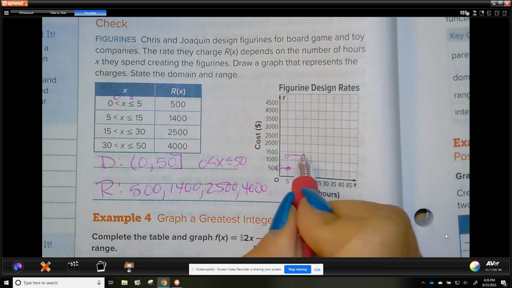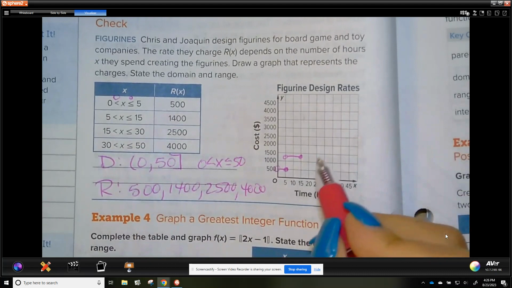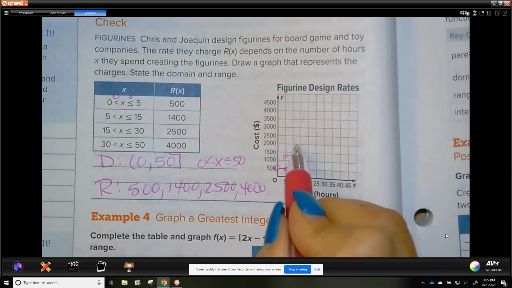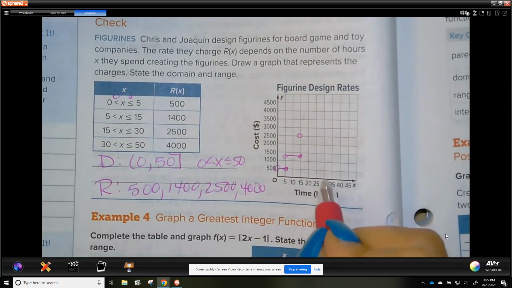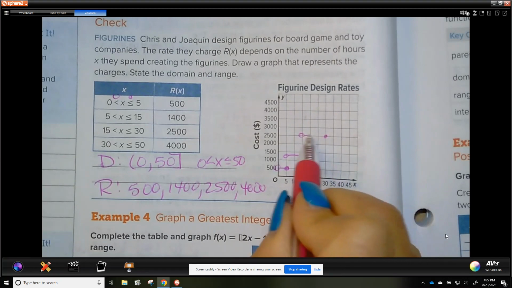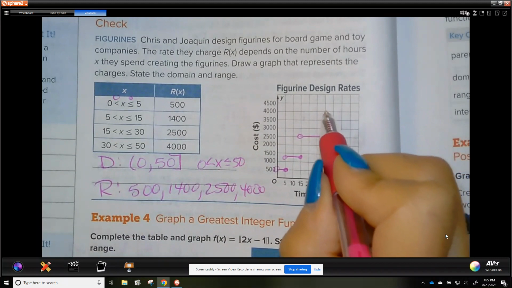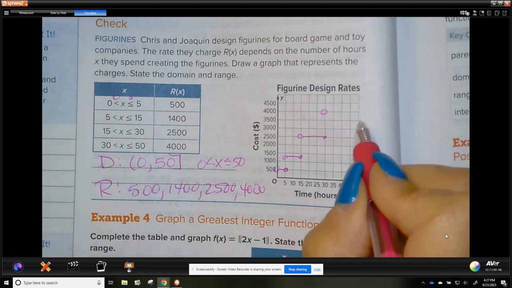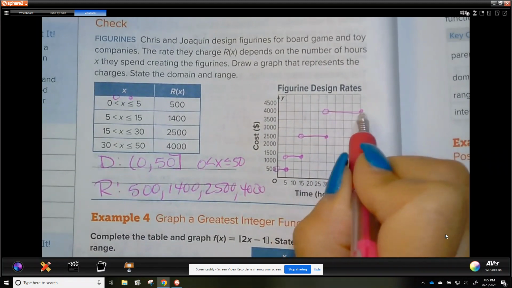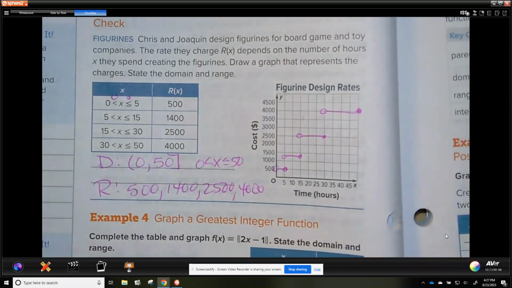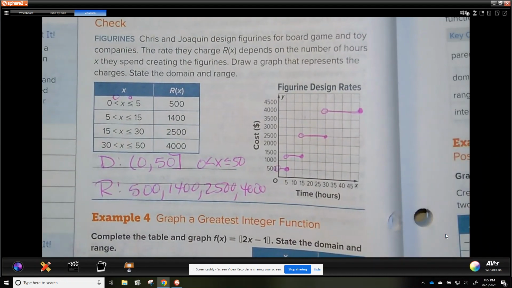Closed dot. 15 to 30, 2500. Open dot. 30 is right there. And then 30 to 50, 4000. Open dot. 50 is right here. There's that one. Okay, so that's the graph. Not doing the greatest integer function.